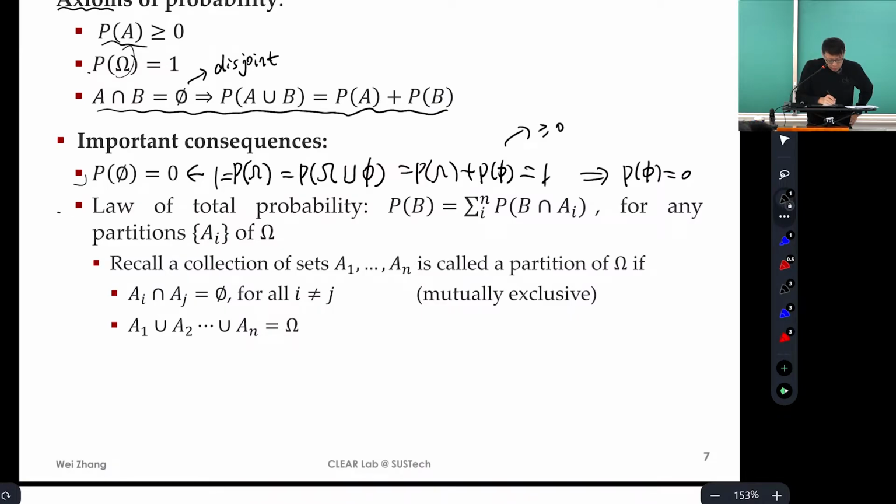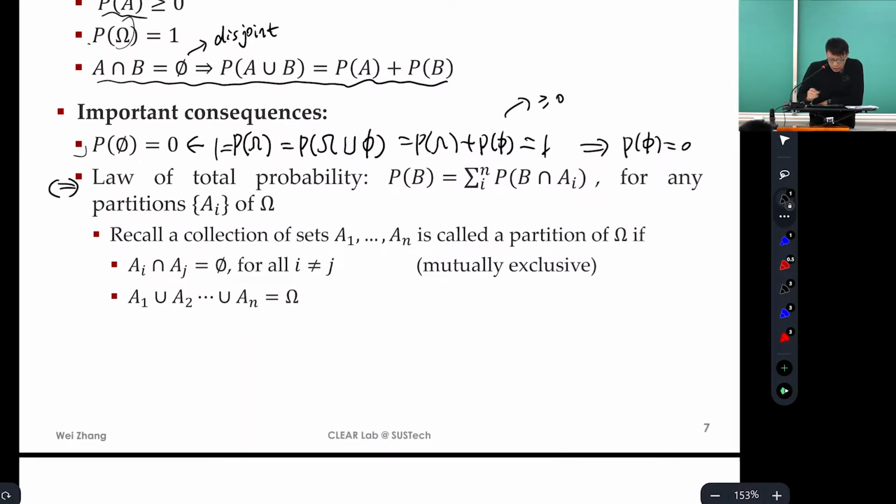Another important thing we are going to use quite a bit is the so-called law of total probability. You have learned all of this; I'm just recalling it with my own perspective.